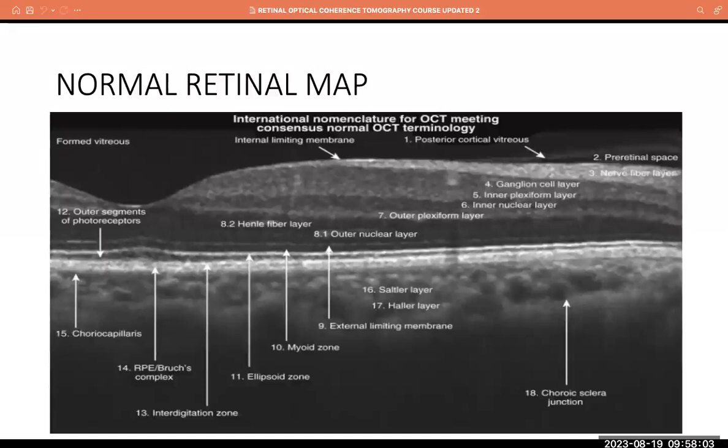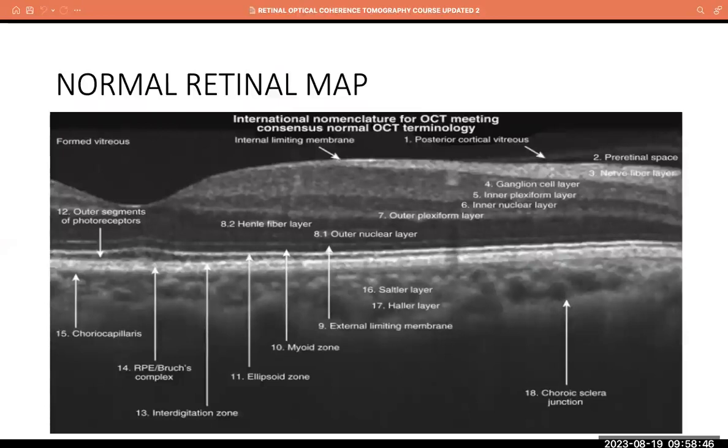So there are 4 hyperreflective lines from out to in: the RPE Bruch complex, the interdigitation zone, the ellipsoid or cost line in some terminologies, and then the ELM. The 2 hyporeflective lines are, from out to in, the outer segment of the photoreceptors and the myoid zone.